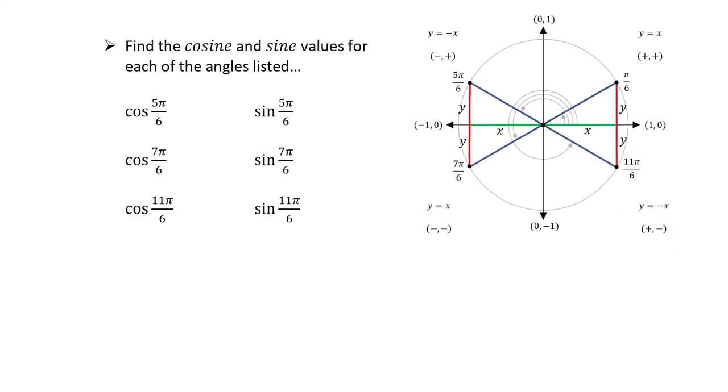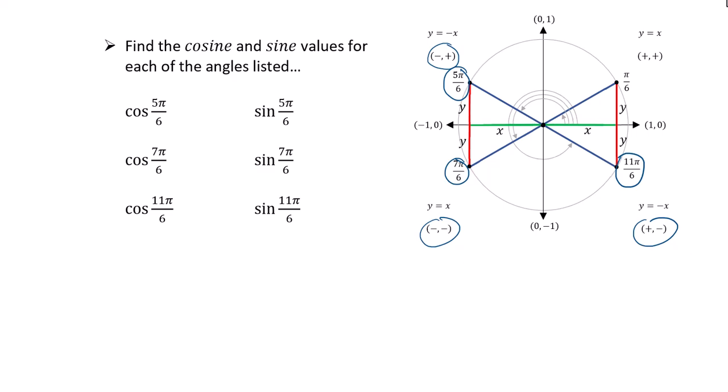So let's practice here finding the cosine and sine values for each of the angles listed. You'll notice I have pointed out here the angles that have a reference angle of pi over 6. So they're all going to have the same cosine and sine values. It's just going to depend on what quadrant they're in, whether the sine is positive or negative, or the cosine is positive or negative.